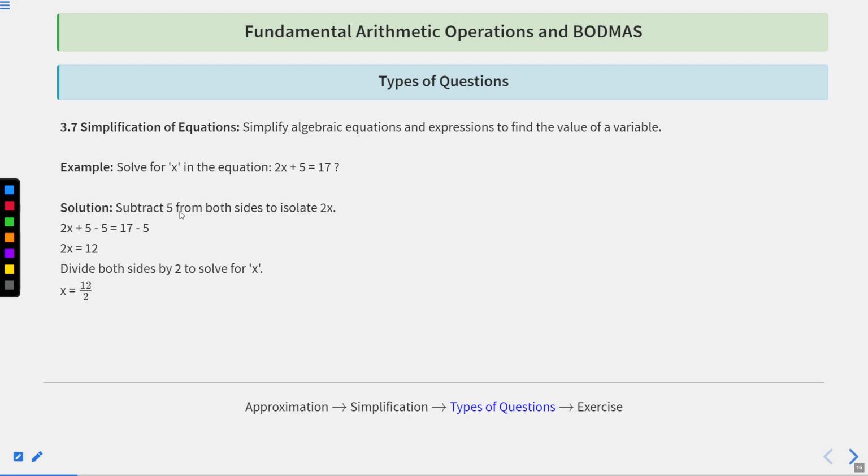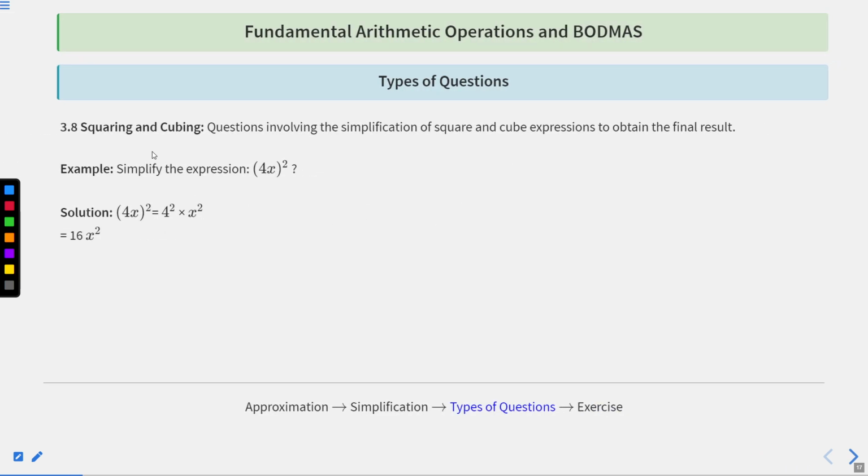So the solution, subtract 5 from both sides to isolate 2x. So it will be 2x plus 5 minus 5, 17 minus 5. So it will be 2x equal to 12. And now divide both sides by 2 to solve for x. So x is equal to 12 upon 2.